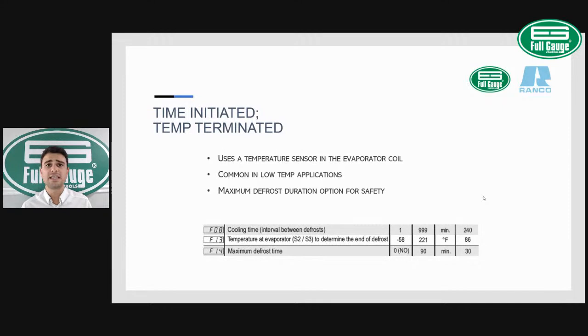This is a fairly simple defrost determination method. You only need 3 parameters to set this defrost. You need to set your cooling time, which will be your defrost frequency. Then you set your temperature to terminate the defrost cycle. And if the temperature cannot be reached, you have a maximum defrost duration for safety reasons. With only these 3 parameters, you can set an optimum defrost cycle.